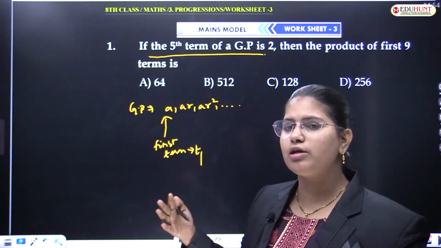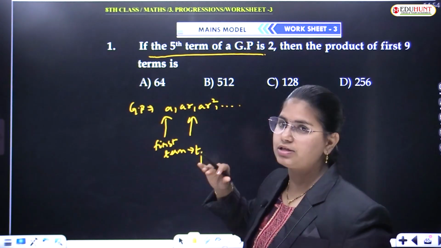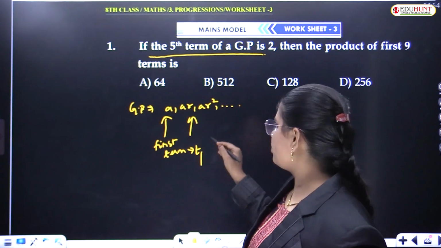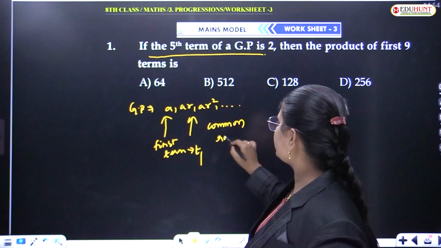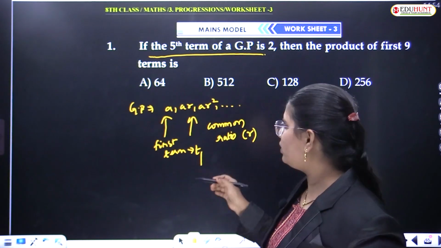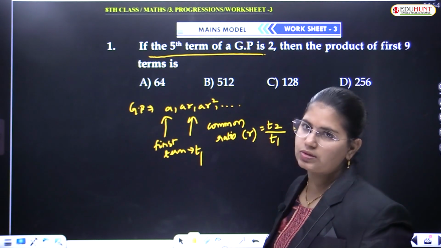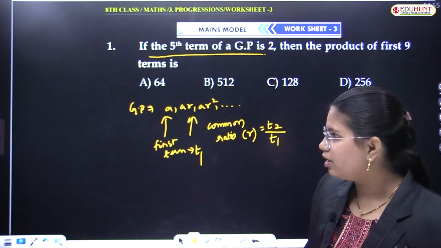But in GP, you will have such type of terms and you'll have a common ratio. It is called common ratio, which is represented with small r. And how is it defined? T2 divided by T1. This is the second terminology you are going to learn about geometric progressions.